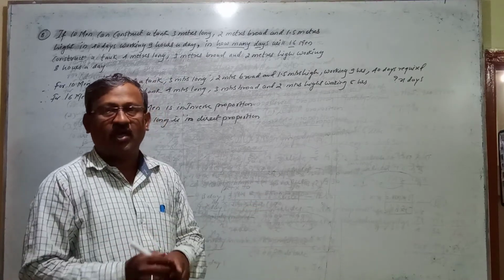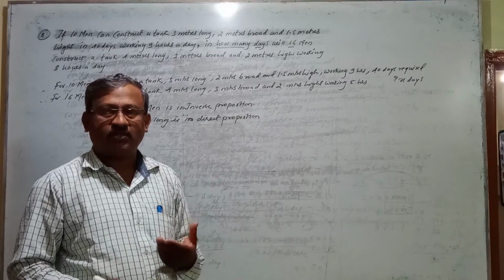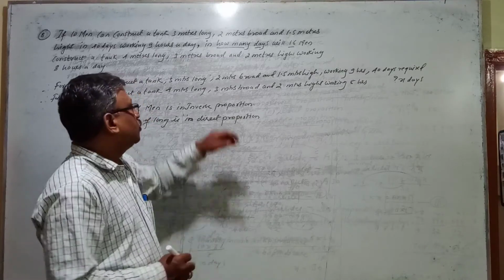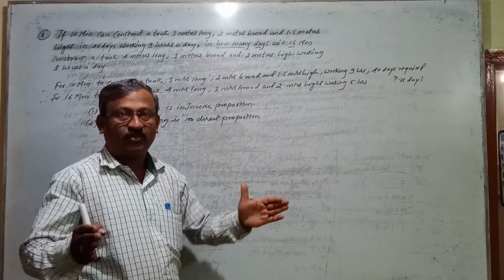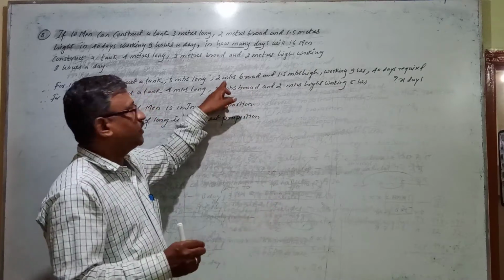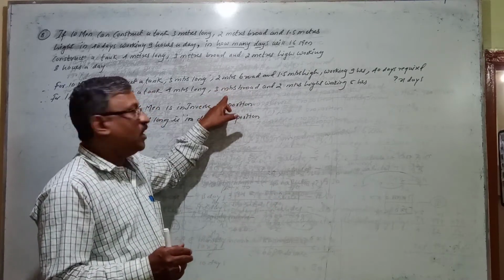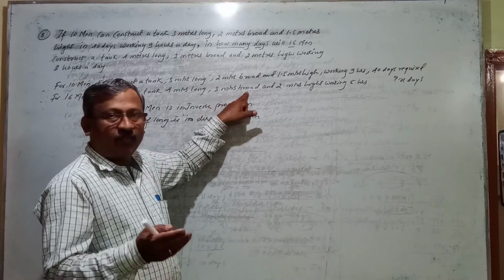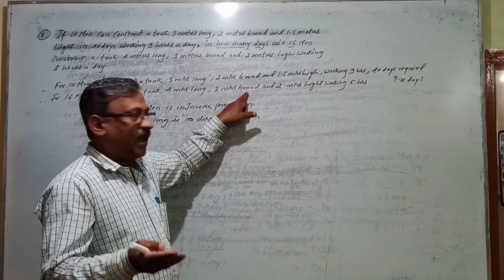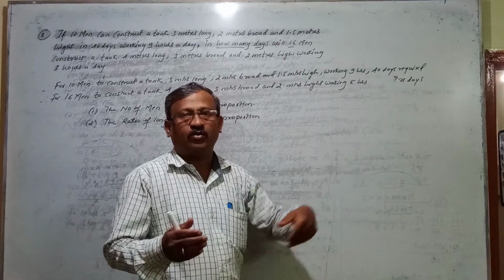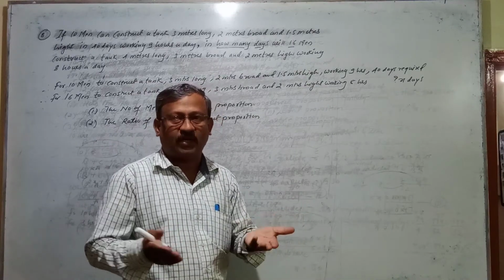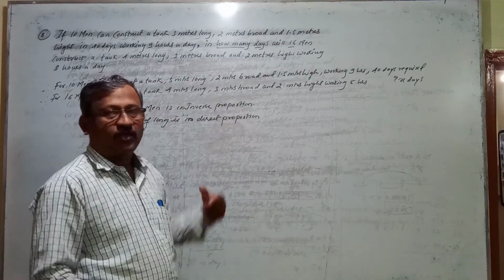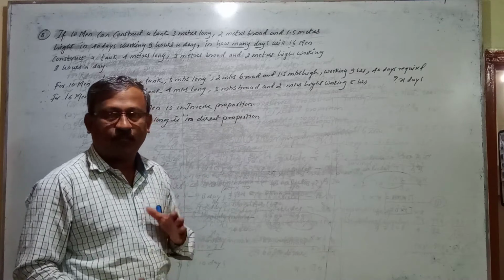As I told, as the work increases, the number of days also increases. The width has increased from 2 meters to 3 meters, and the number of days required are also increasing. So both are increasing, and the ratio of broadness is in direct proportion.